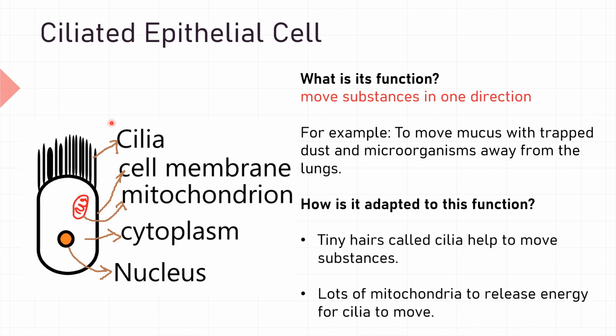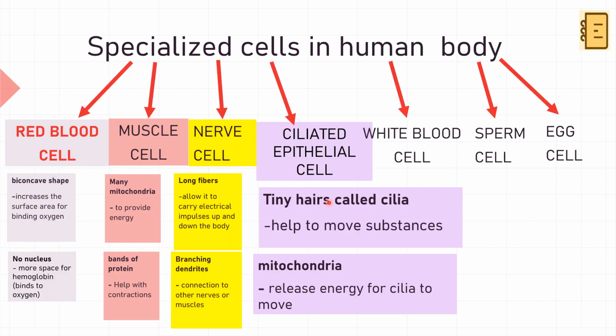They must have these hair-like structures called cilia, which help them to move the substances, and of course a lot of mitochondria which will produce enough energy so that they can move. To make it simple, ciliated epithelial cells have two main adaptations: tiny hairs called cilia, which help them to move substances, and mitochondria, which give them energy so that they can move.